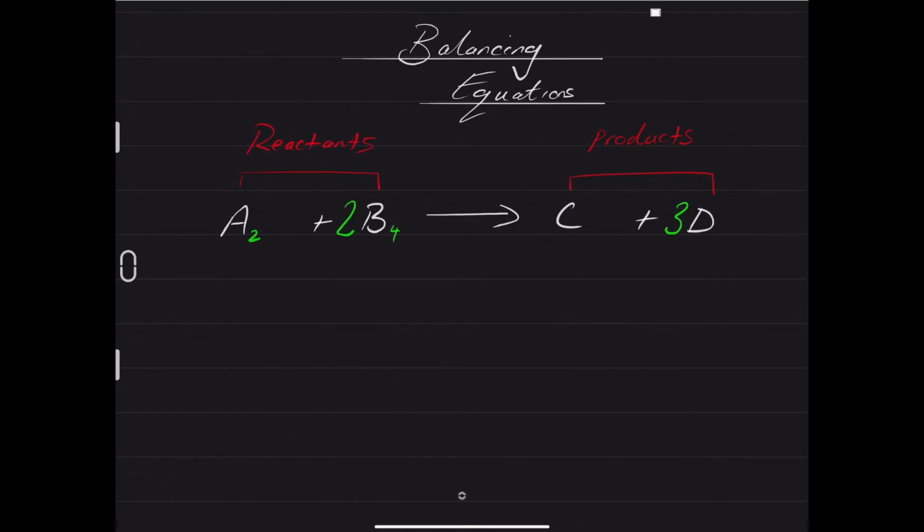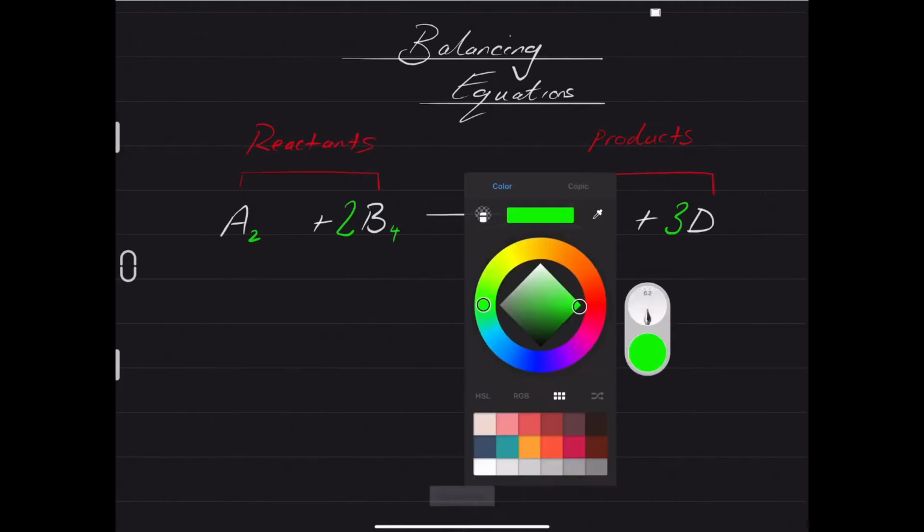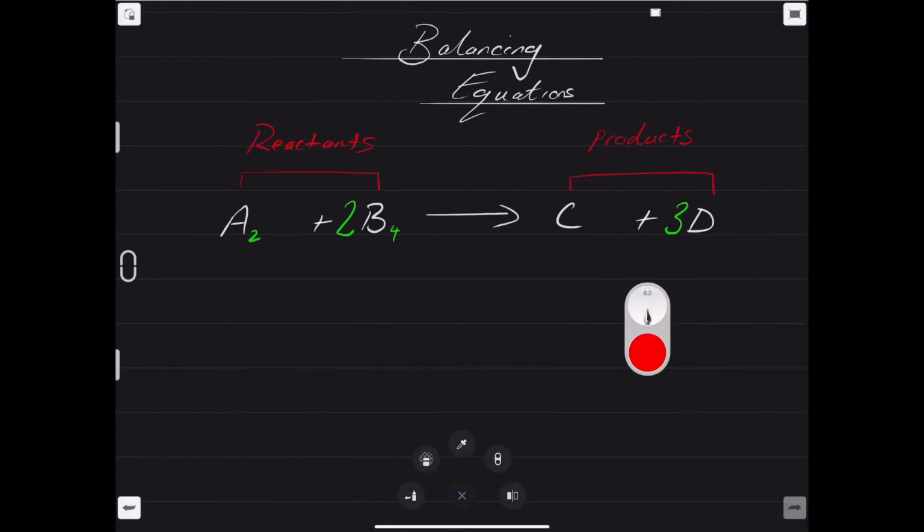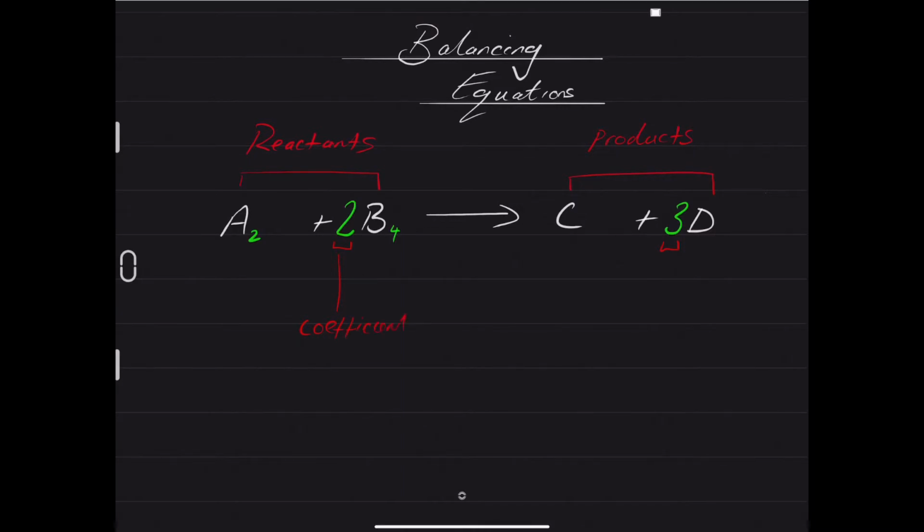So these numbers in green, we need to be able to identify those. Now the big number is called a coefficient. So these numbers in green, the big numbers, the 2 and the 3, these are called coefficients. So this is a coefficient there, and this is another coefficient.